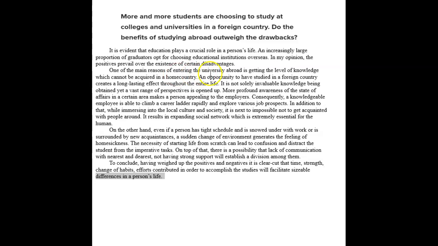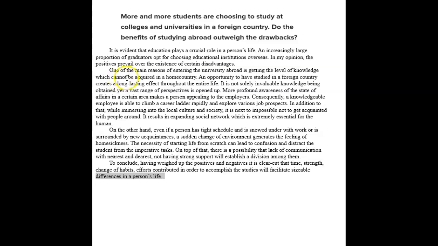You said that you get a level of knowledge which cannot be acquired in a home country. Okay, and then you have this sentence. So I didn't really understand how these 3 sentences were linked together. An opportunity to study in a foreign country creates a long lasting effect. So this to me didn't feel like it really linked to anything. So what you could have done, let's see.